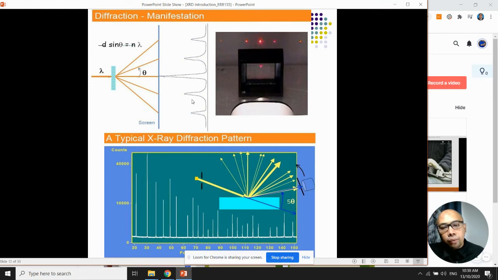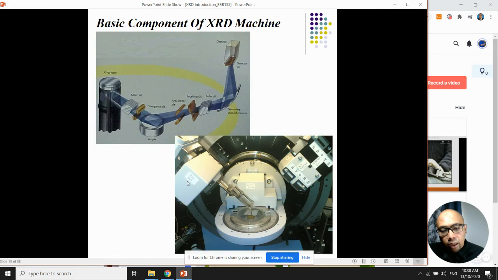Based on Bragg's law and this principle, in the XRD measurement, as I mentioned in this slide, when you move the X-ray source angle, the detector also increases its angle simultaneously.